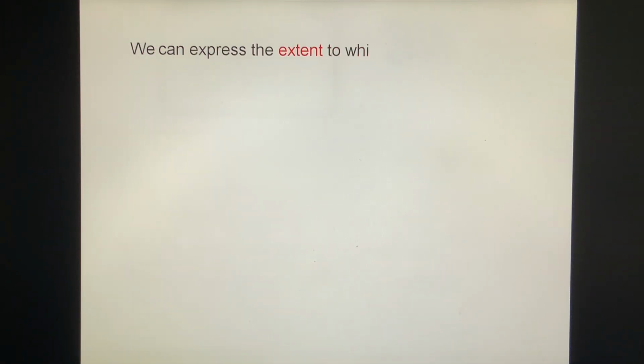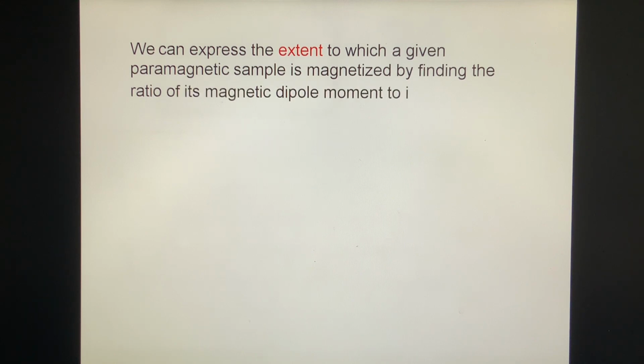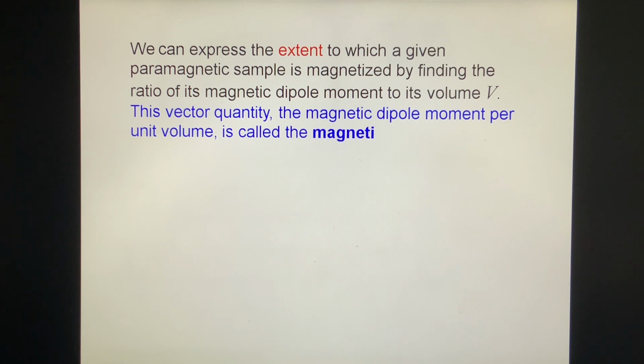We can express the extent to which a given paramagnetic sample is magnetized by finding the ratio of its magnetic dipole moment to its volume V. This vector quantity, the magnetic dipole moment per unit volume, is called magnetization M of the sample.